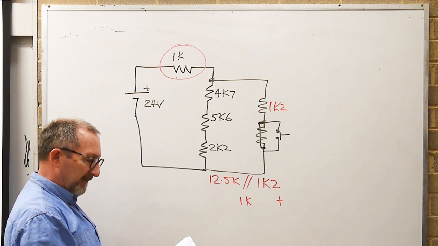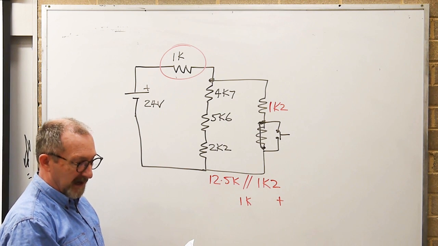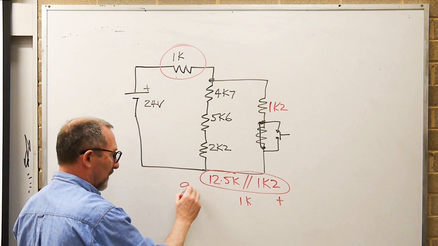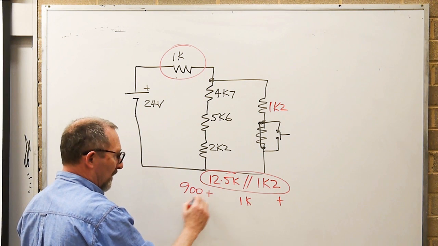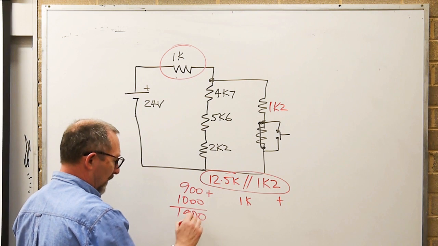So 12.5K in parallel with 1.2K. Look, at a guess, I'd say that's about 900 ohms. 900 ohms plus 1K, about 1900 ohms.